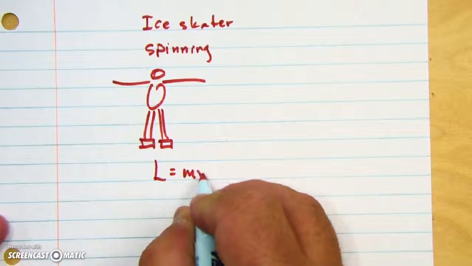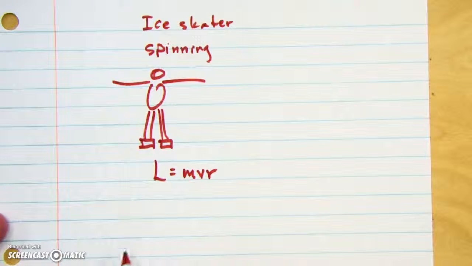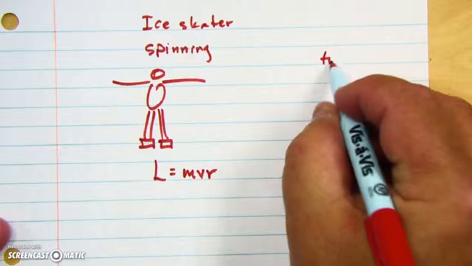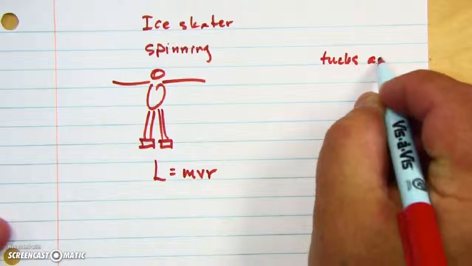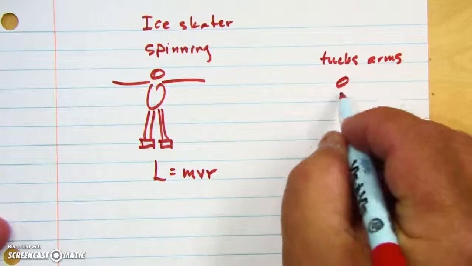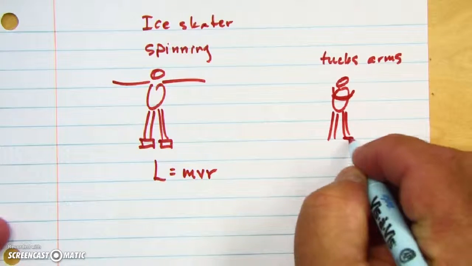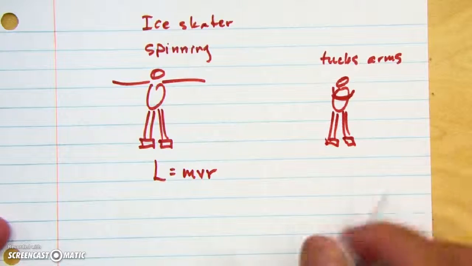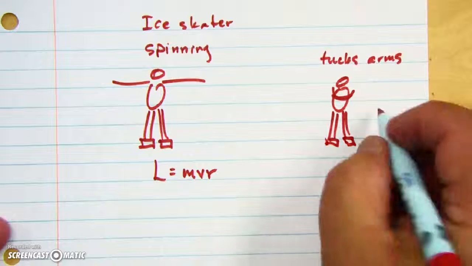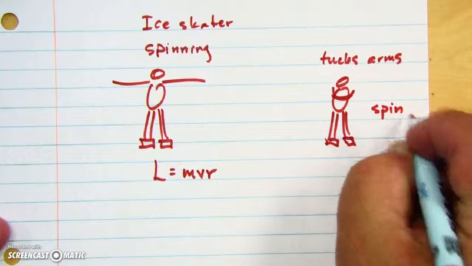Let's just go m times v times r. Then she's going to tuck her arms in, bringing her arms across her body, and now she's going to spin faster.